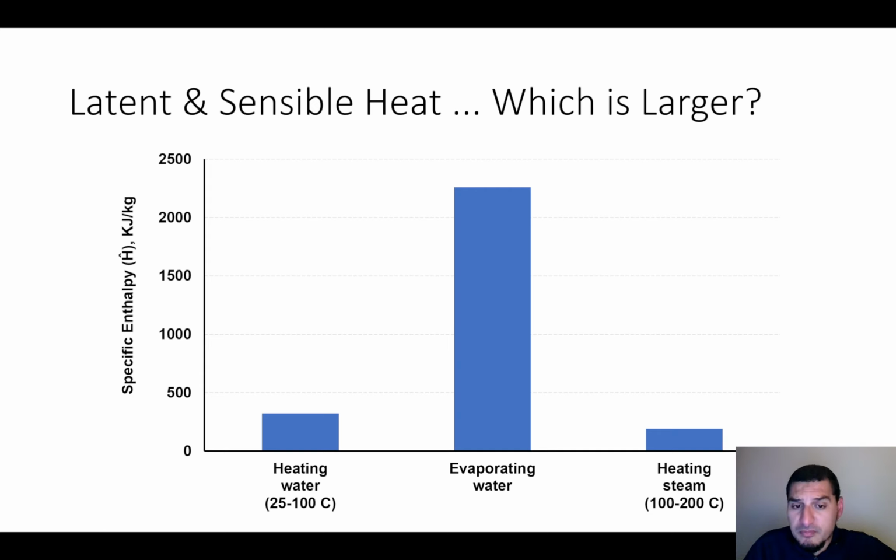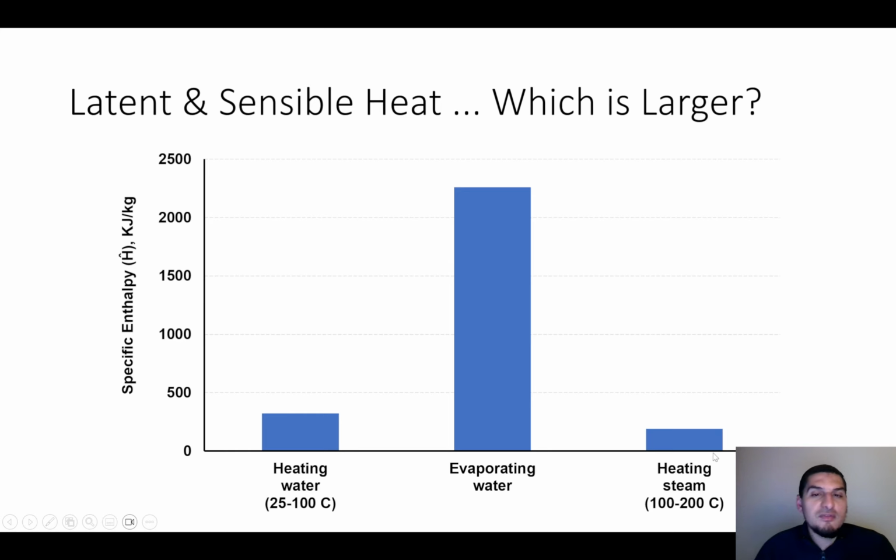So steam has a very high latent heat of vaporization, and that's why we really depend on this. And in many of our calculations, we can ignore the sensible heat. Let's say you have water that you are heating from 90 degrees Celsius up to 150 degrees Celsius, for example. So there is some sensible heat to heat it from 90 to 100, and some sensible heat from 100 to 150, and the latent heat. So we usually ignore this part and this part.